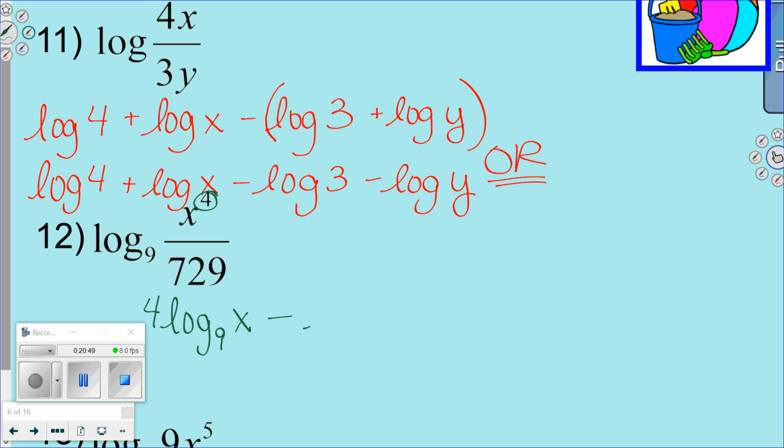Minus log base 9 of 729. Does that one simplify? Does 9 to some power equal 729? 3. So 4 log base 9 of x minus 3.